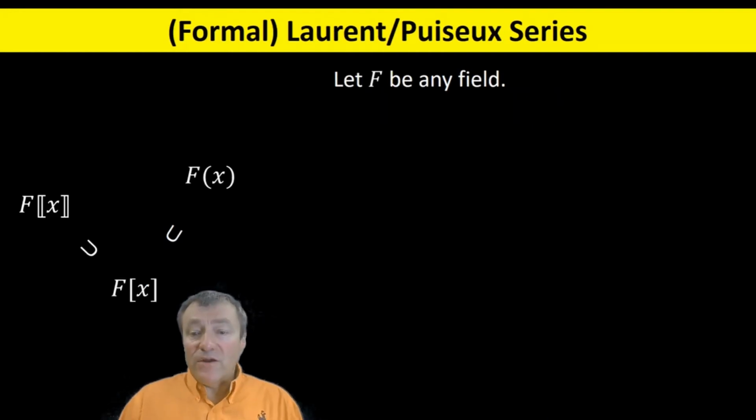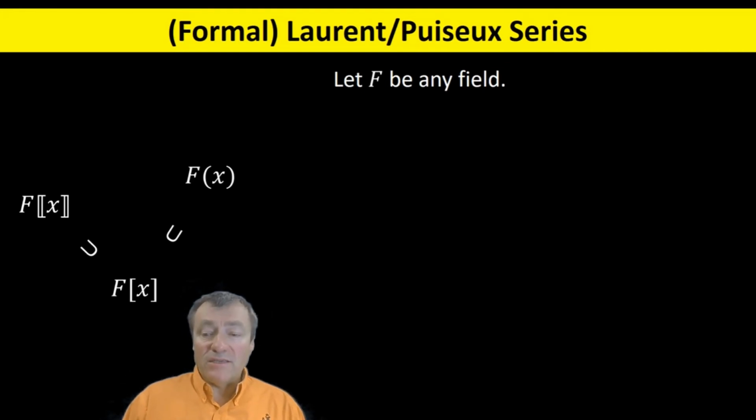Now, so far, here are the objects we have, starting with a field F for the coefficients. I have at the bottom the polynomial ring in x, then the ring of power series in x, and also the field of rational functions in x.